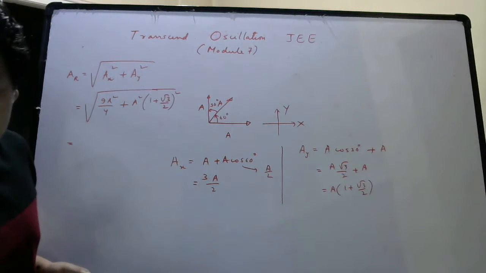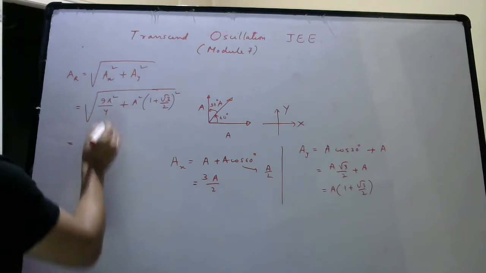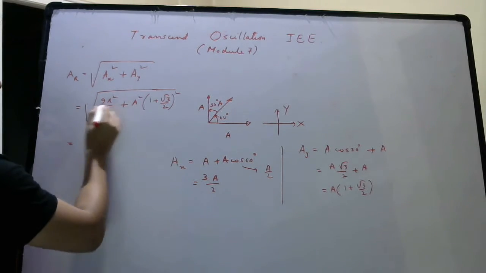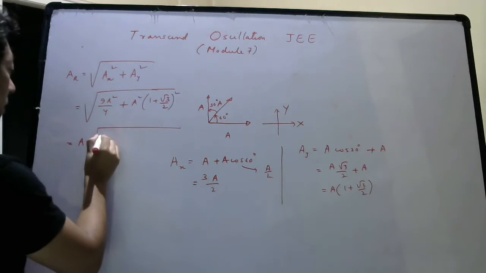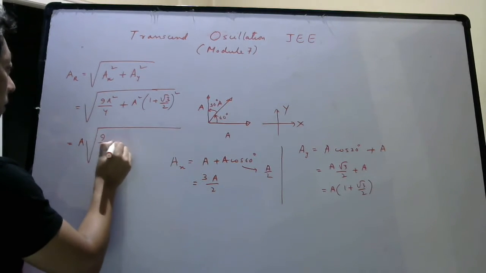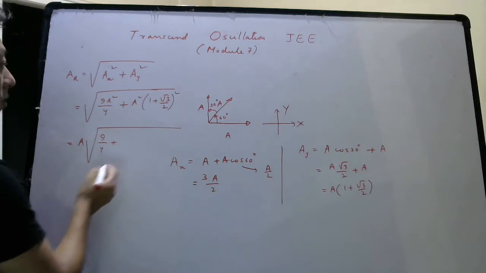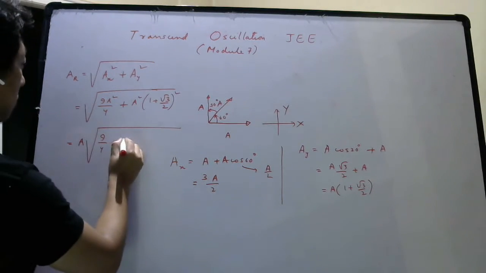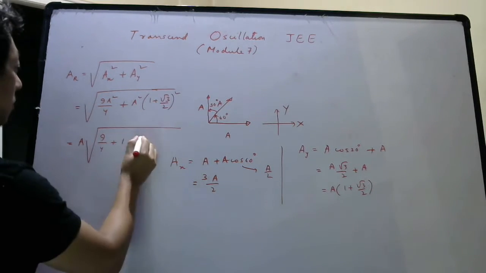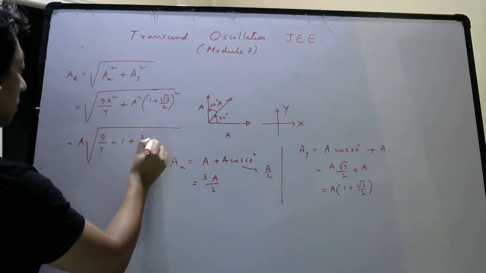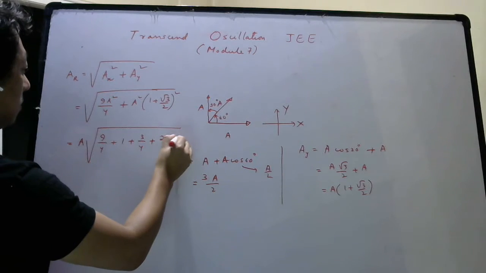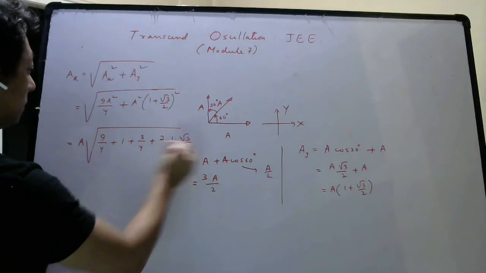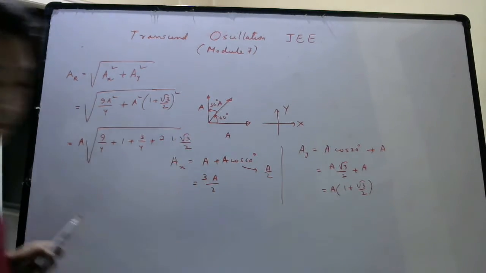So you can simplify this. Here you can take A square common, then take root, so A will come out. So it will be root of 9 by 4 plus, A plus B whole square formula you can apply. So it will be (1 + root 3 by 2) square, which will be 3 by 4 plus 2 times 1 into root 3 by 2. Fine? Okay.